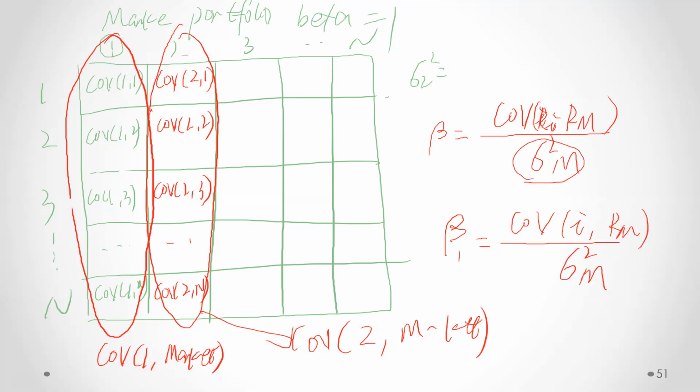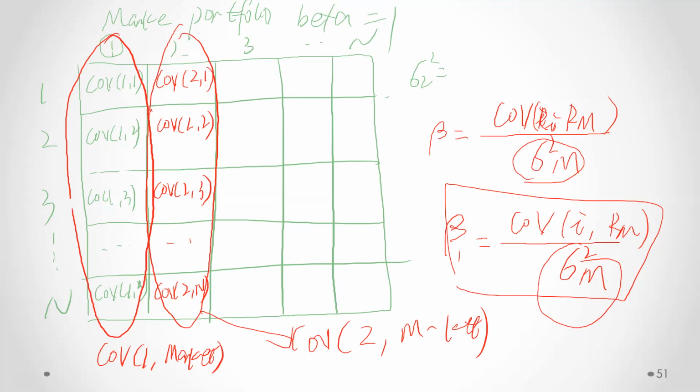So beta 1 measures the contribution of asset 1 to the total market portfolio's risk. Because the denominator is the sum of all the columns, we want to know the contribution of each column.